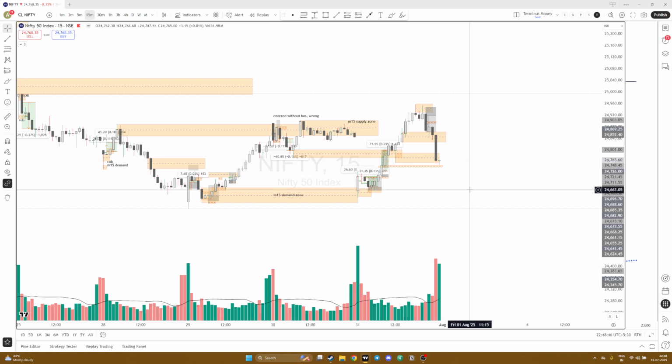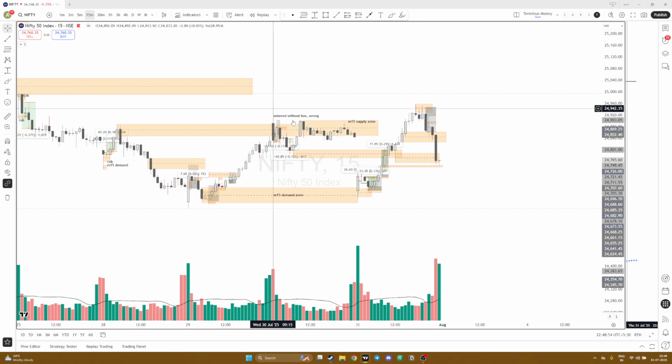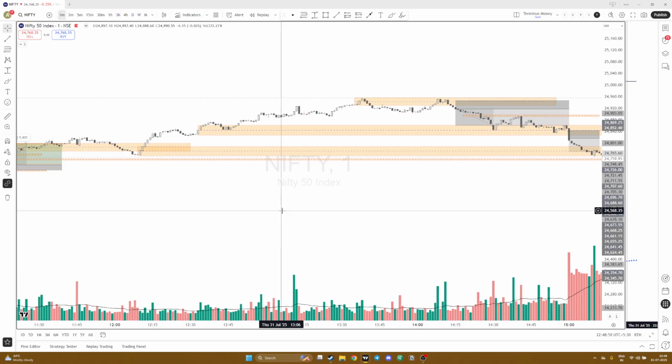Okay, or not making new highs, just filling up this gap. This gap has a high tendency of filling up. So yeah, this was my bias right before the market starting.